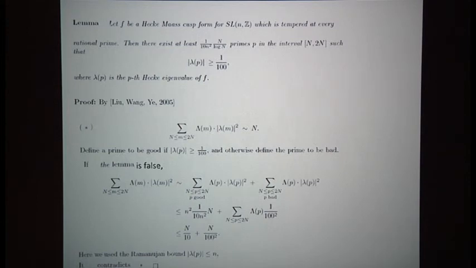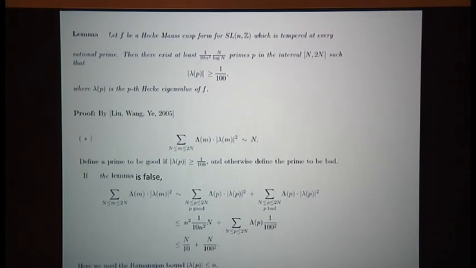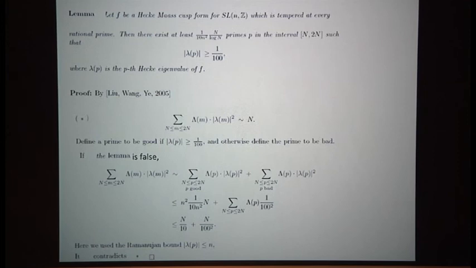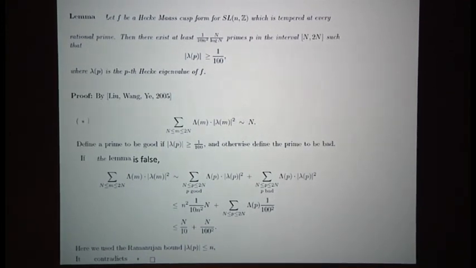Well, for the Hecke eigenvalue, for a positive density of primes, we have a lower bound, assuming f is tempered. So only here, for this lemma, we assumed f is tempered. The proof is a result of Jinya Liu and Wang Yanbo. On the average, the sum of lambda squared at primes is asymptotic to capital N, or probably times some constant.